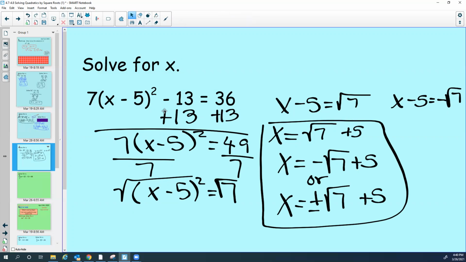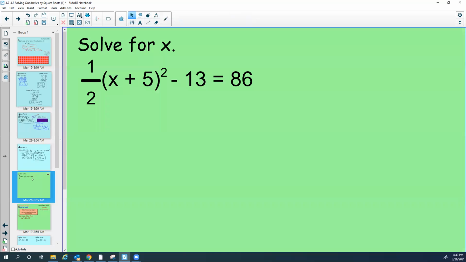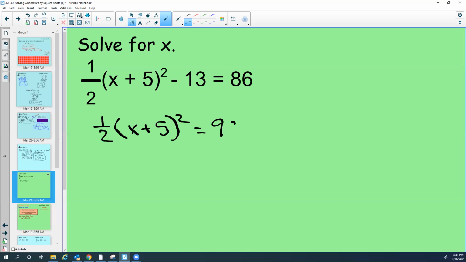Okay, let's try one more. All right, why don't you guys pause the video and try this one out. All right, let's see here. So I have 1/2 times x plus 5 squared equals 99 when I add 86 and 13.